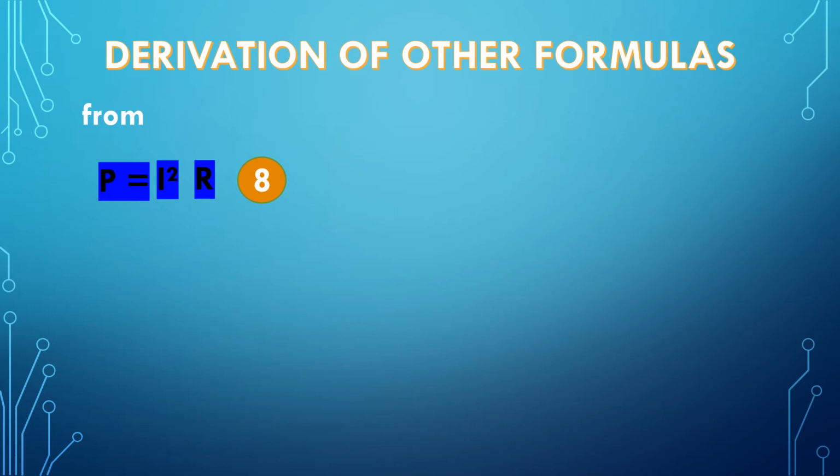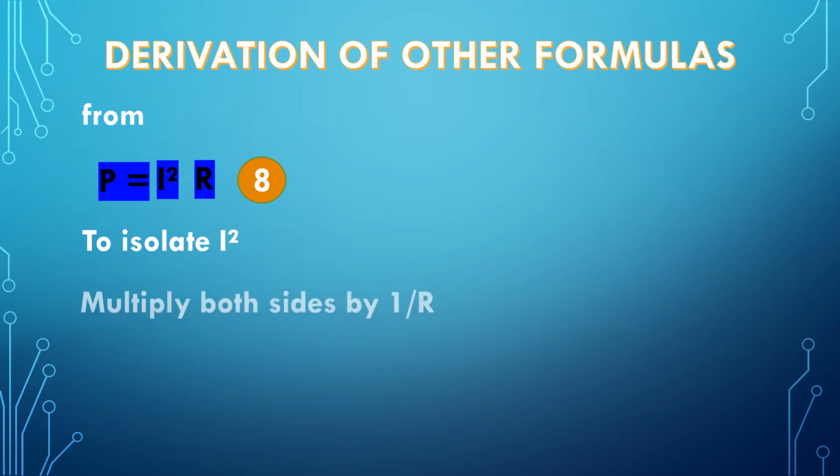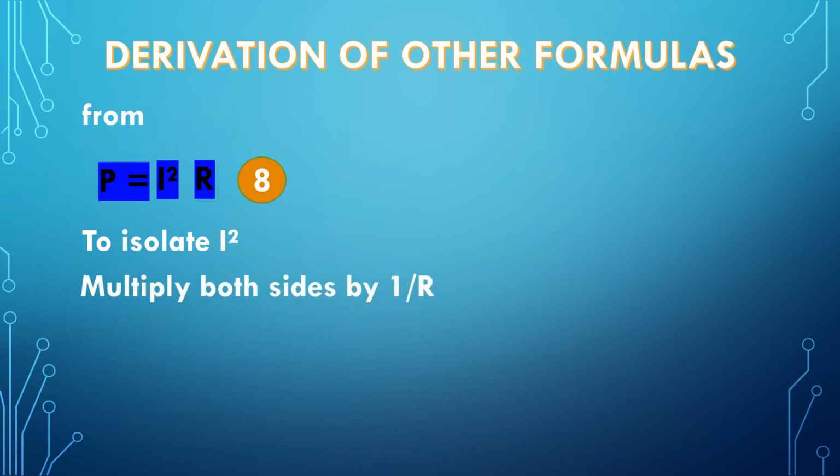Also, from formula number 8, which is P is equals to I squared R, we want to isolate I squared because we want to solve for I. So we multiply both sides by 1 over R to remove this R. So this is the equation.